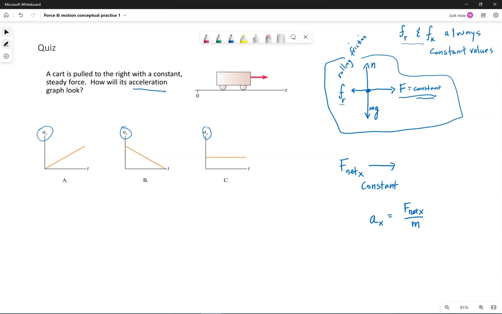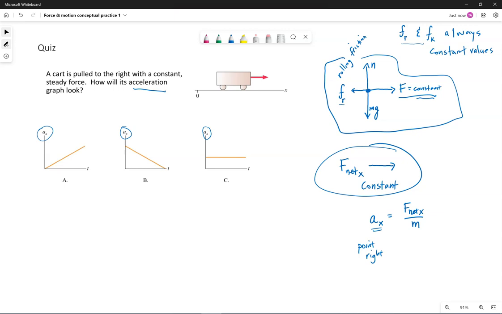We can write that as a, the acceleration in the x direction, is equal to the net force in the x direction divided by the mass. This acceleration in the x direction is going to point to the right, simply because the net force points to the right.